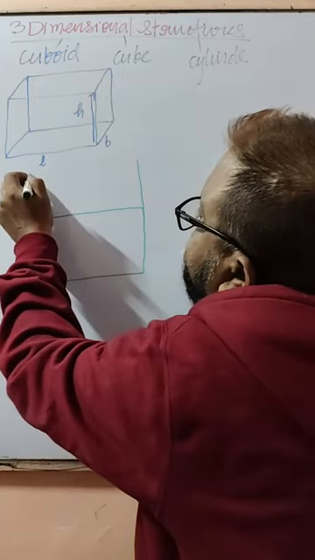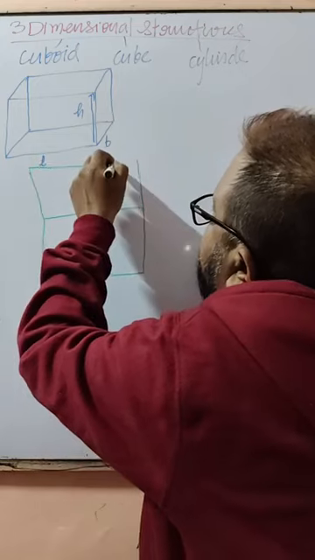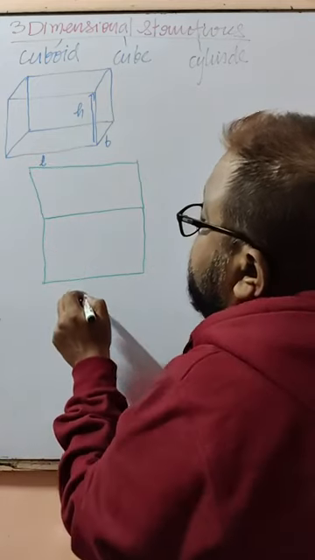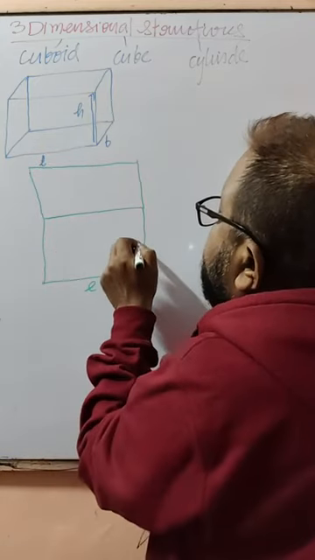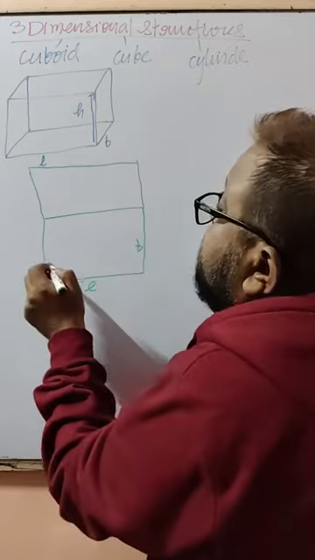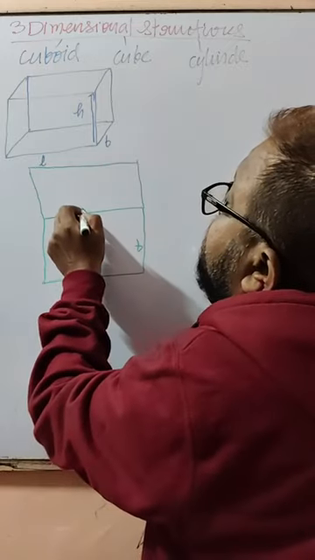ये, राइट। ये क्या है? L इंटू बी, राइट। ये क्या है?